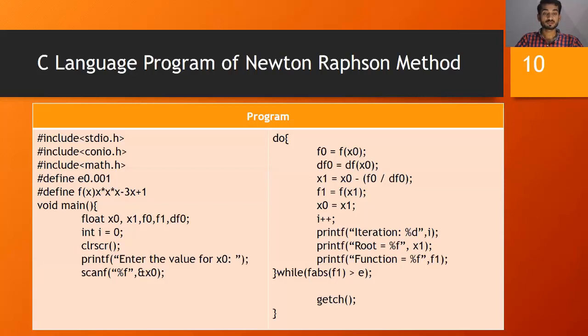Then it goes to the loop, in which we have written f0 equal to f of x0. Similarly df0 equal to df of x0, and x1 equals x0 minus f0 divided by df0. So as you can see, this is the whole program of how to solve using the Newton-Raphson method.